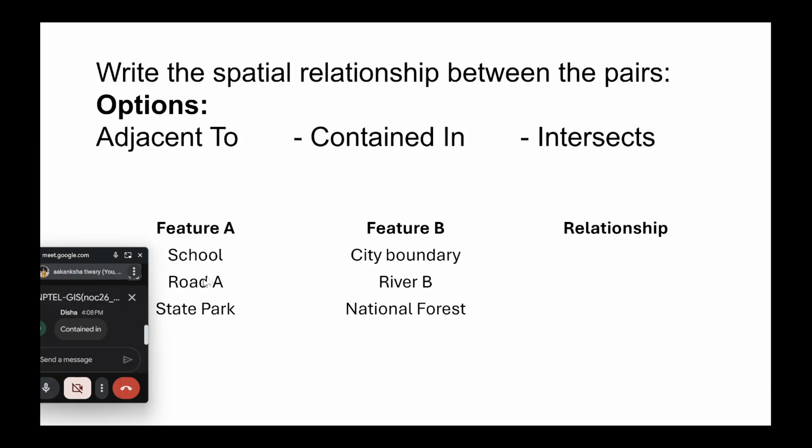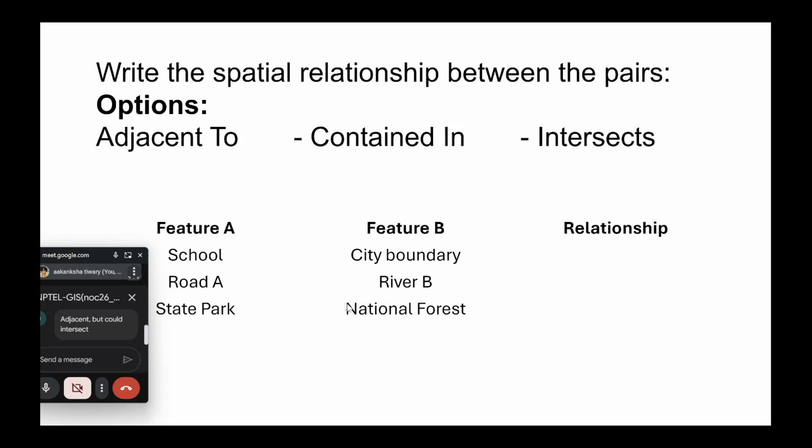Then road A and river B. What do they do? Okay. Adjacent or could be intersect. Yeah, like both of them can be correct, but we also have this state park and national forest.